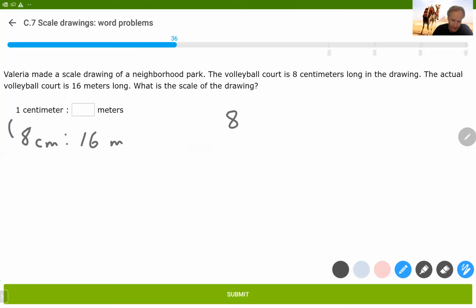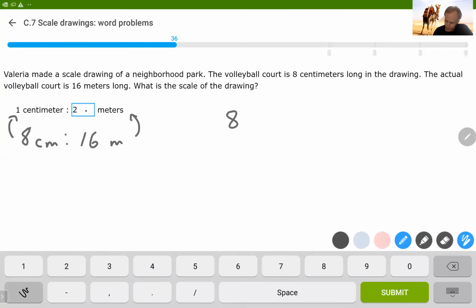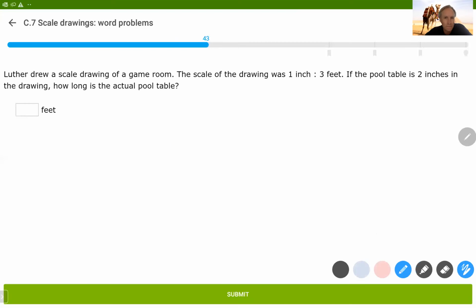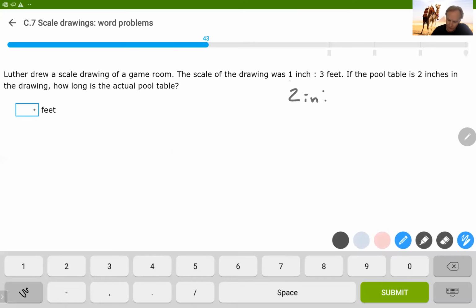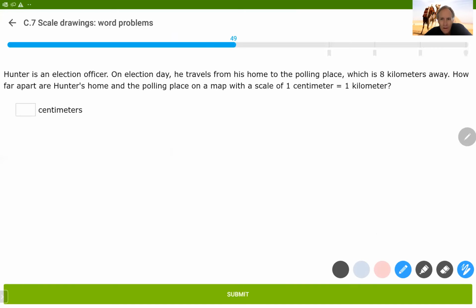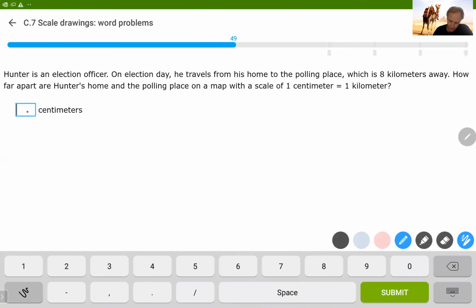And we divided by 8, so we have to divide by 8 and get the 2. 1 to 3 gives us 2 to 6. I multiplied by 2, so I multiply by 2. 1 to 1 means that 8 centimeters goes with 8 kilometers. It's a 1 to 1 ratio.